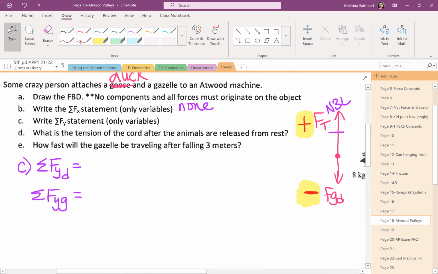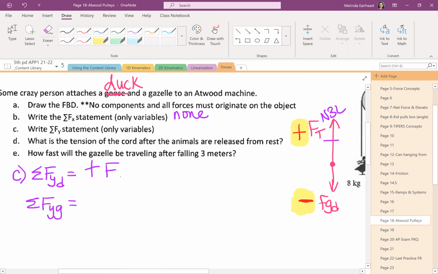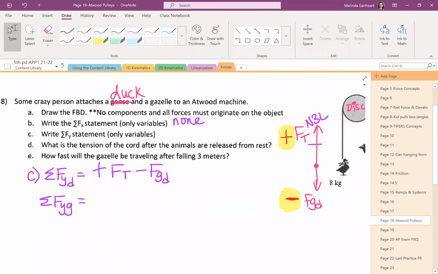So let's write that FNet statement for the duck. We've got a positive tension and minus FGD, the gravitational force on the duck. What about the gazelle?